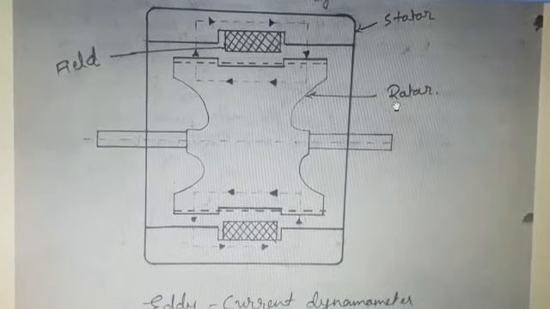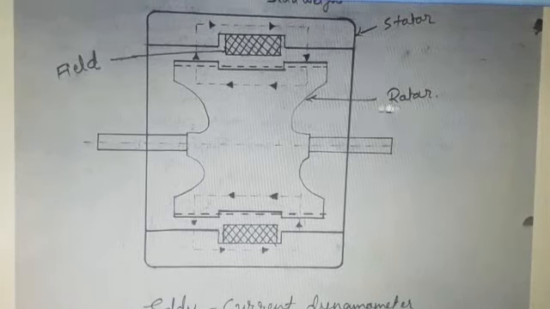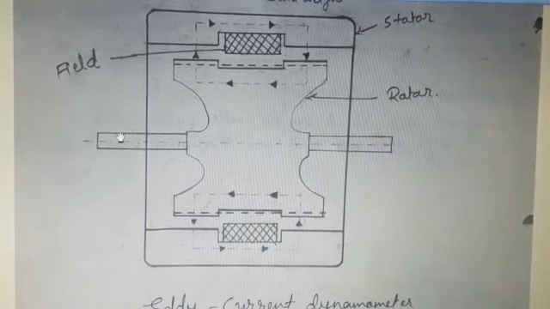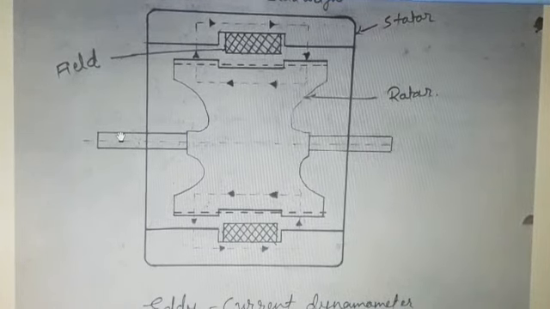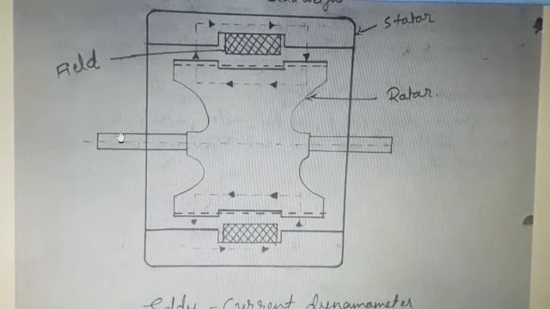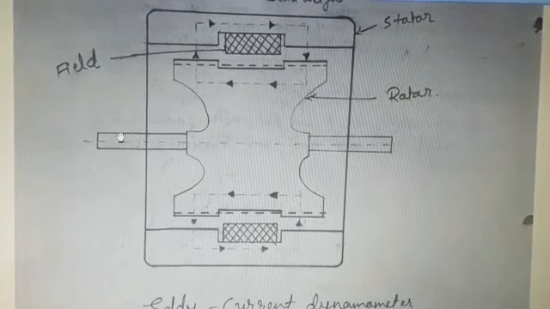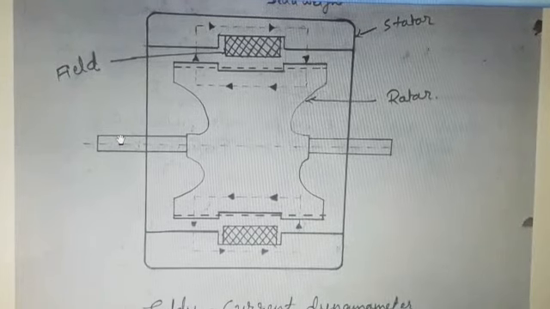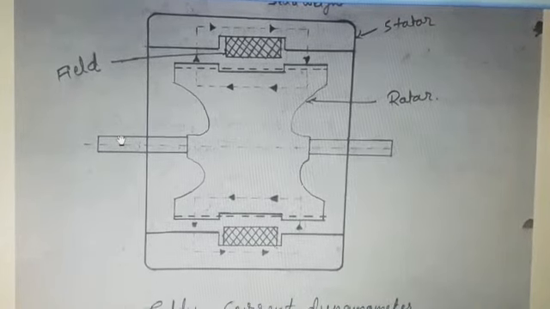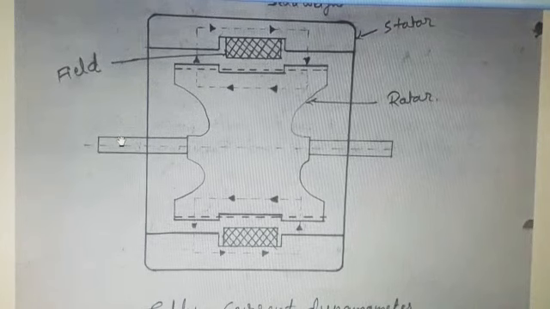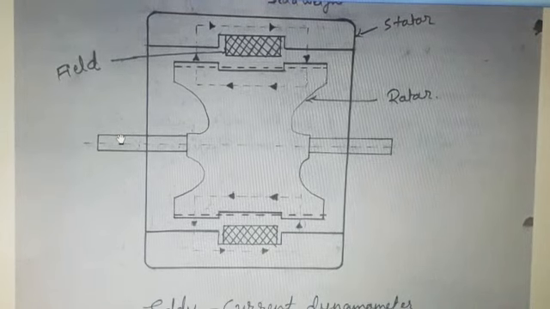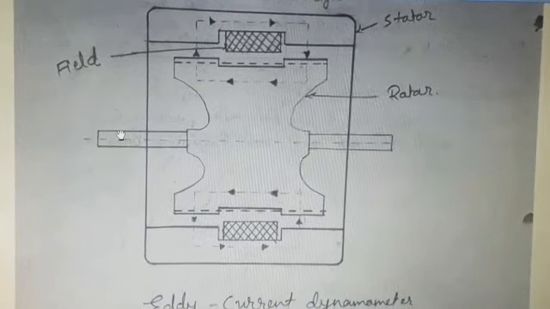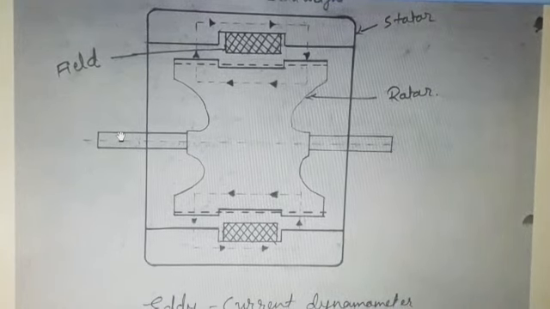When eddy current is generated, the arm which is used for measuring torque gives the reading to the pointer. So we can get the value of the torque directly. Once we know the torque, we can find the power by using the eddy current dynamometer. So this is the perfect construction and working of the eddy current dynamometer. Okay students.